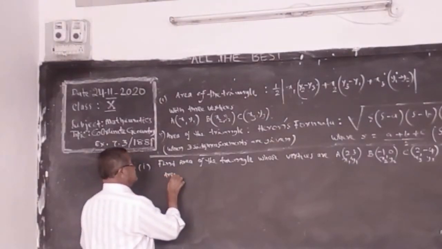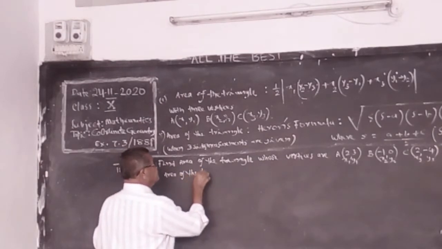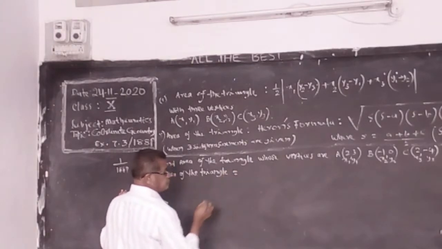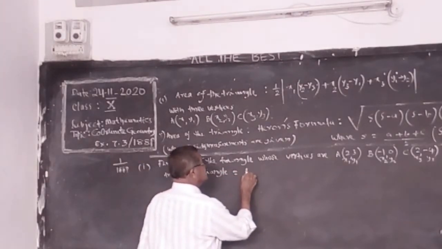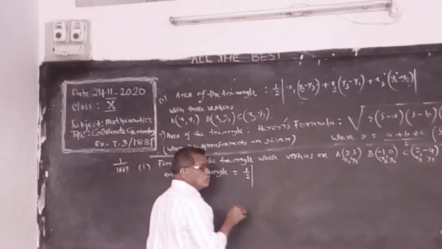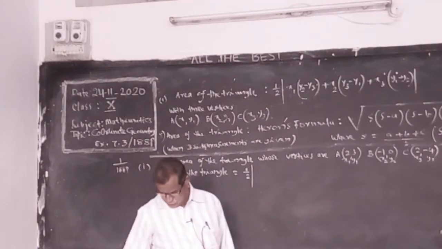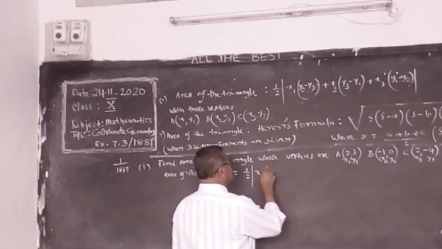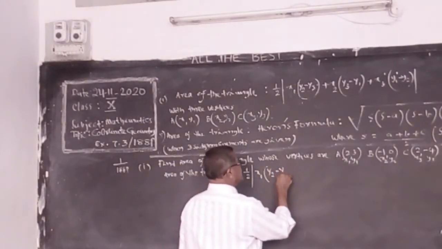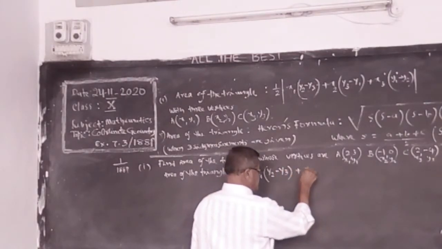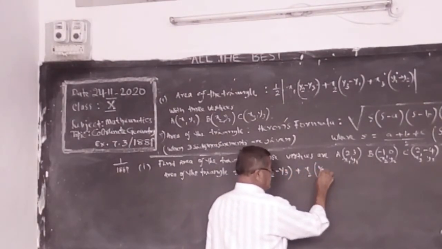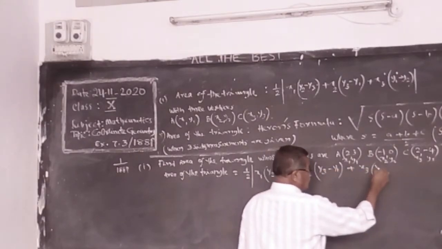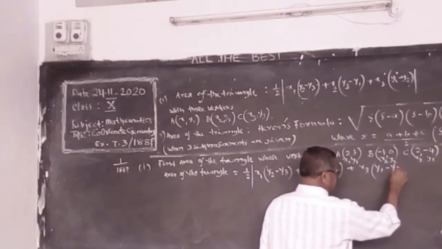Area of the triangle is equal to half modulus of x1 of (y2 minus y3) plus x2 of (y3 minus y1) plus x3 of (y1 minus y2).